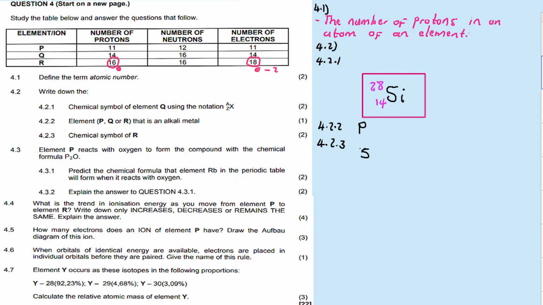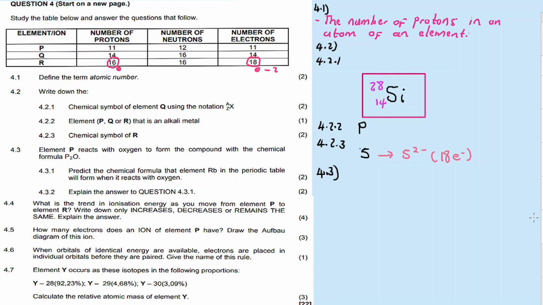So this is sulfur, but our answer is S2 minus, because it has 18 electrons, meaning 2 extra electrons. So our answer here is S2 minus. That's the chemical symbol for R.